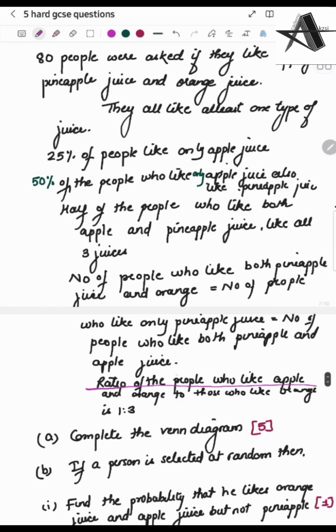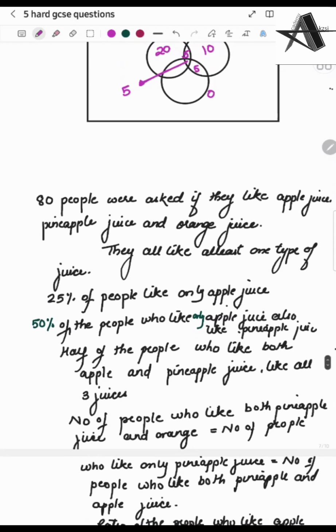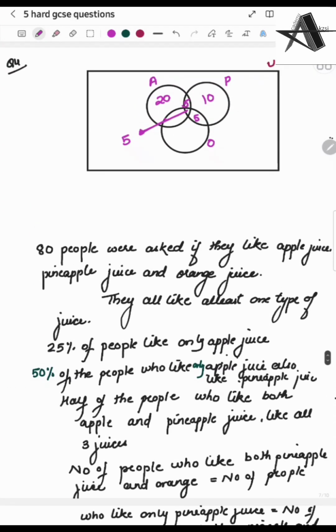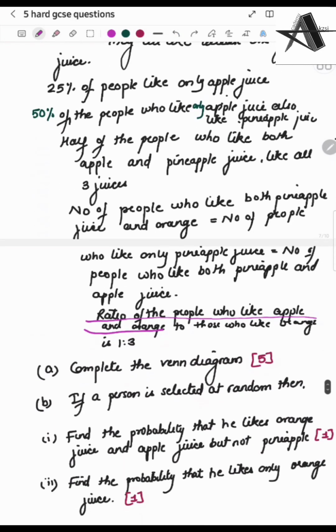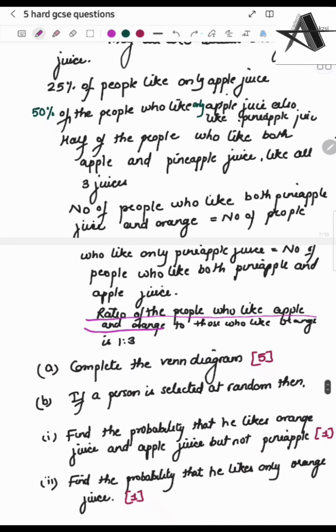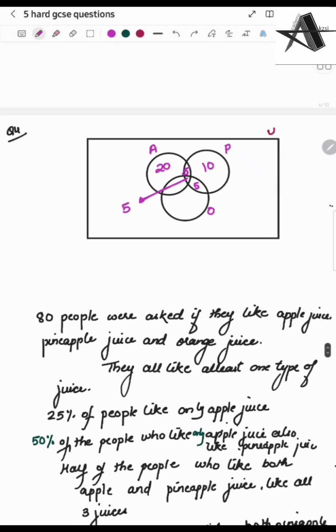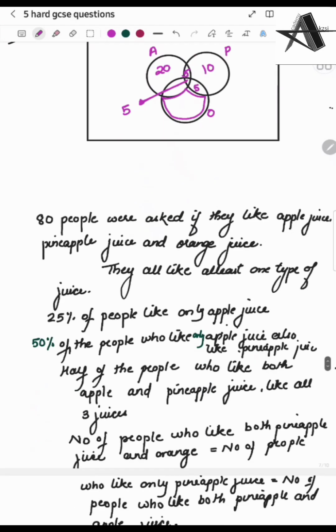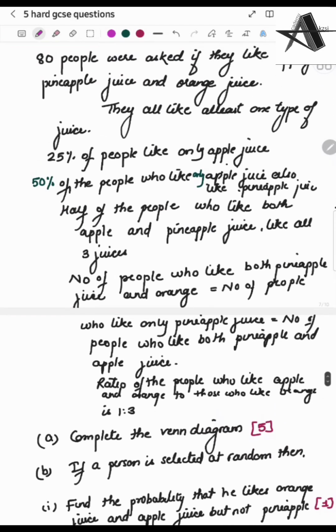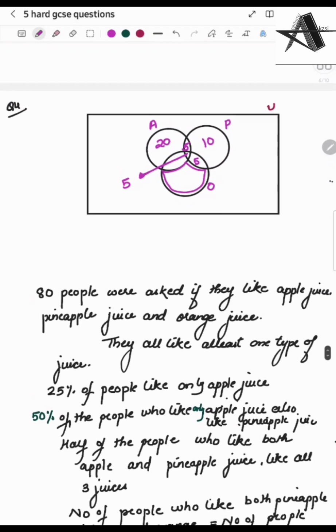The ratio of the people who like apple and orange, apple and orange is this one, to those who like only orange is 1:3. So only orange is this part. And 1:3 means that those who like apple and orange both are 1/3 of those who like only orange.